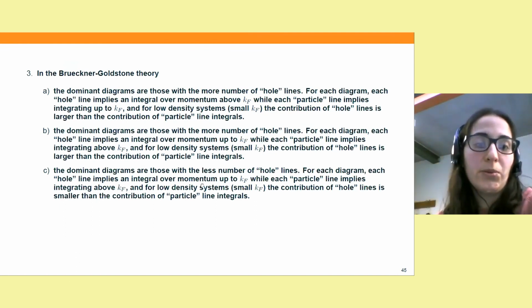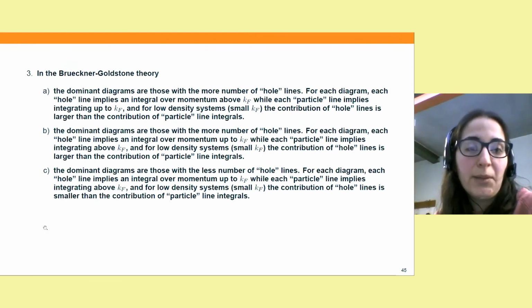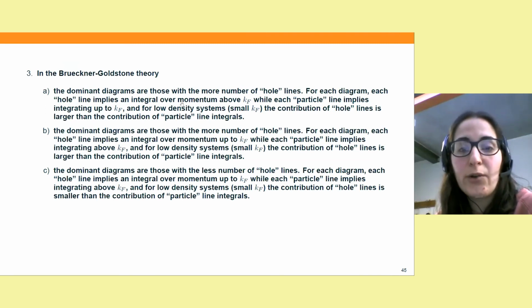Okay, so this is from yesterday. In the Bruckner-Goldstone theory, the dominant diagrams are those with the more number of hole lines. For each diagram, each hole line implies an integration over momentum above KF, while each particle line implies an integration up to KF. For low density systems, small KF, the contribution of hole lines is larger than the contribution of particle lines.